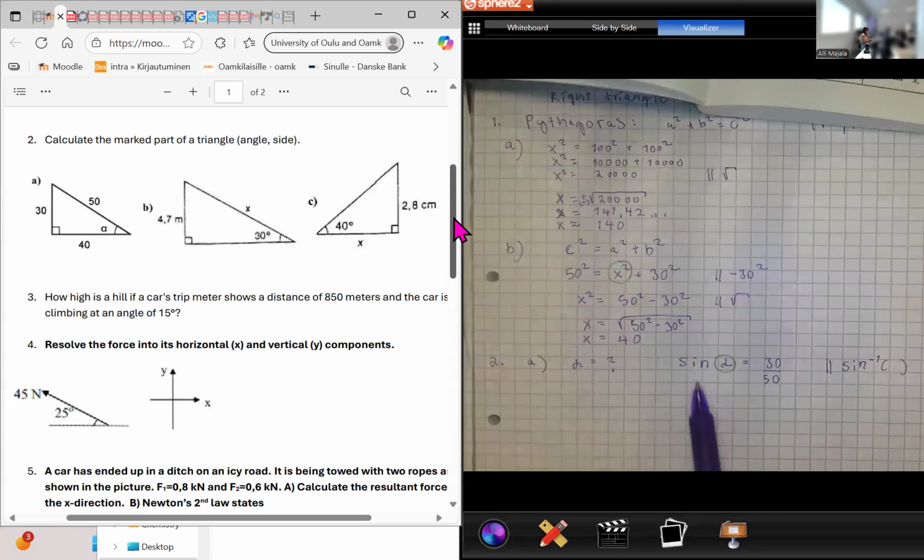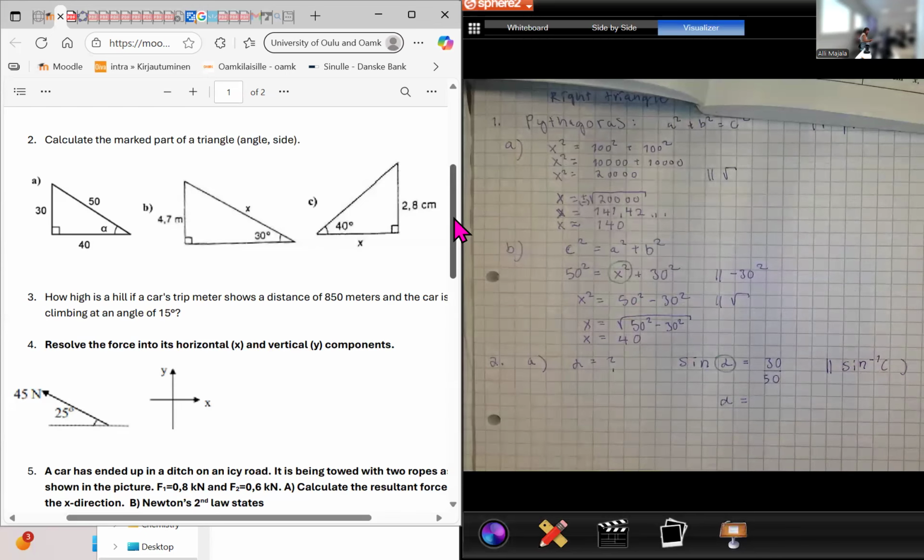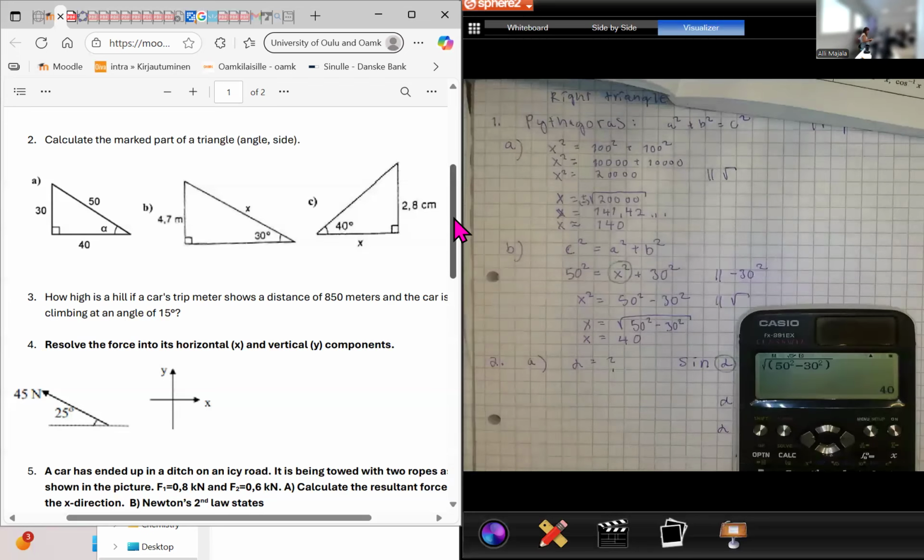If we want to kill the sin, we have to take the inverse function. And when we take it, of course, it goes to both sides. So it kills that. So there's only the angle, which we wanted. And then on the other side, we have it as well. And now you just have to know how to use the calculator to do it.